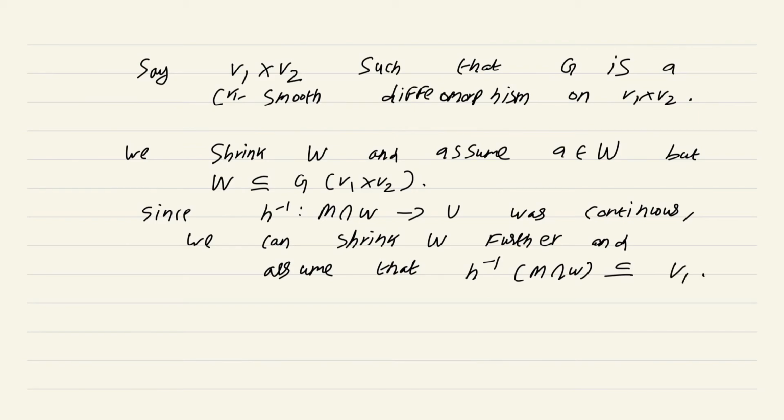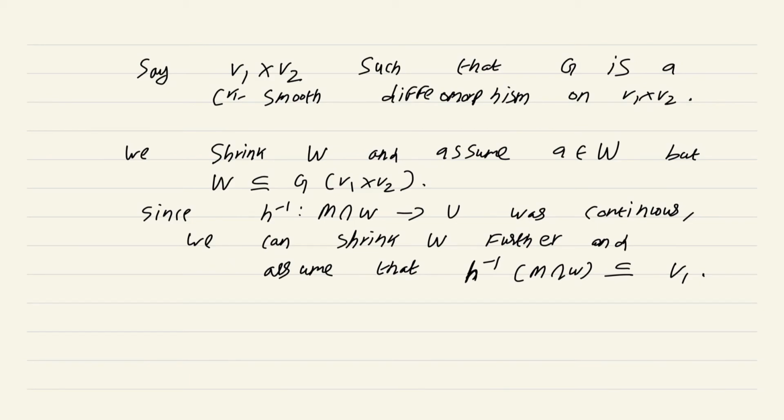Okay, we can do this as well because H inverse is continuous on M intersection W. So we just shrink W even further so that H inverse of M intersection W is fully contained in V1.